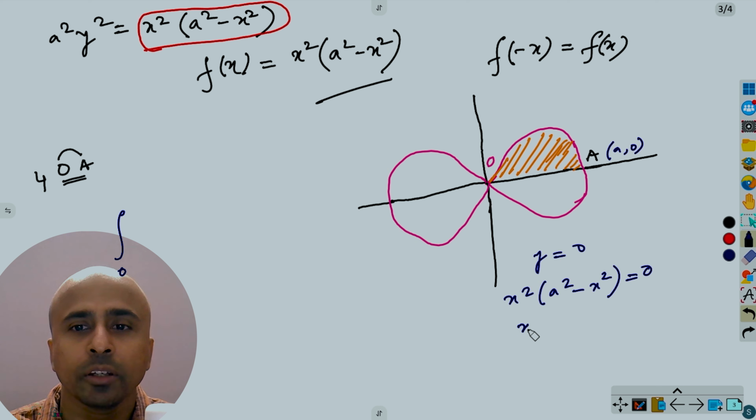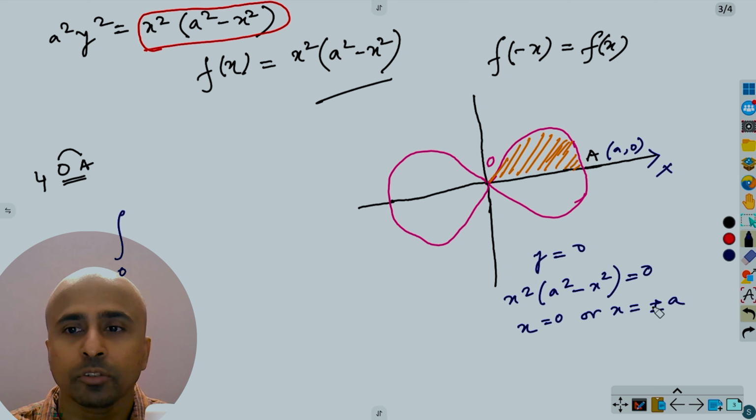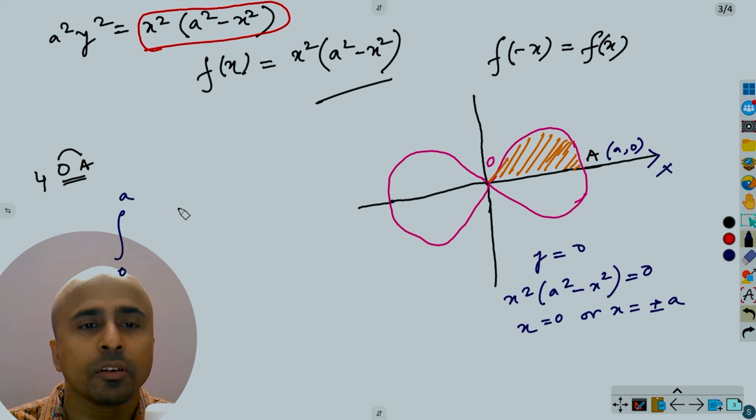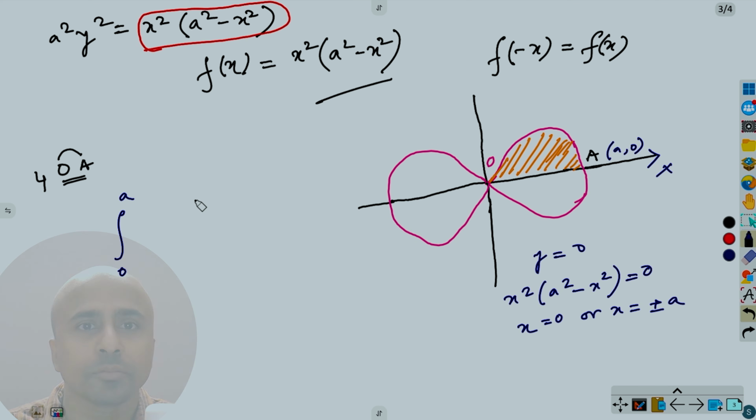From here we obtain x equals 0 or x equals plus or minus a. Since we are on the positive x-axis, x cannot be negative a; x will be positive a. So A is (a, 0). The area of the orange shaded region is the integral from 0 to a of y dx.